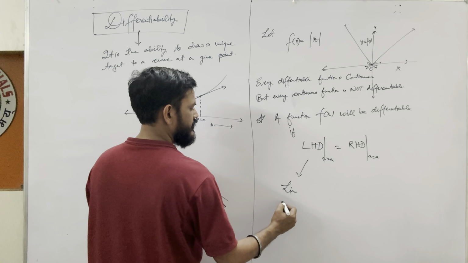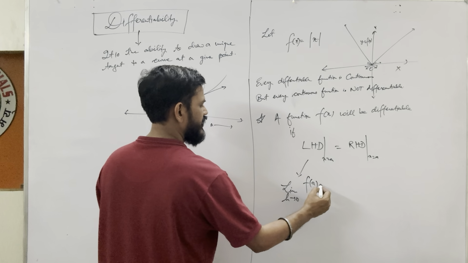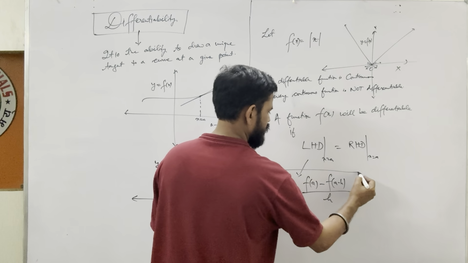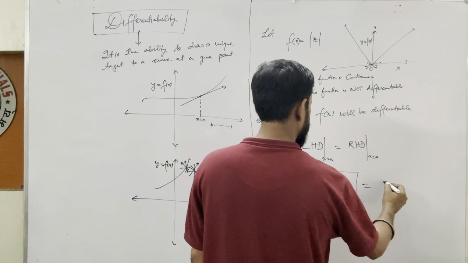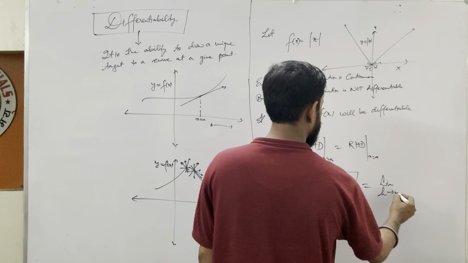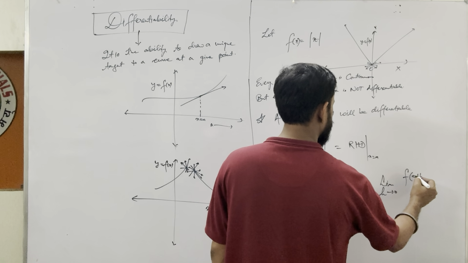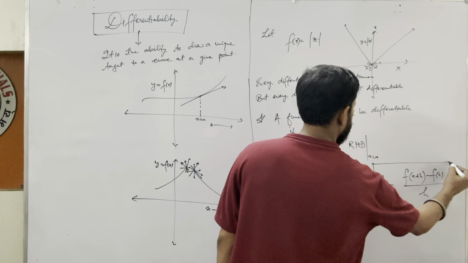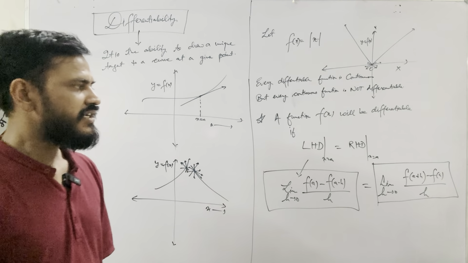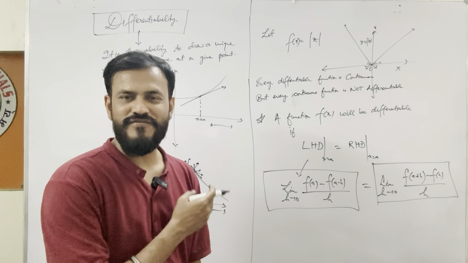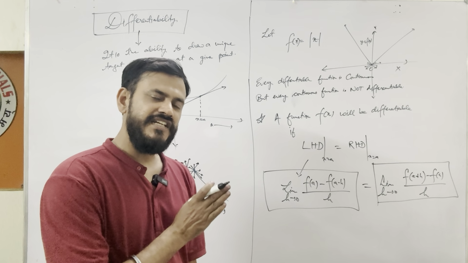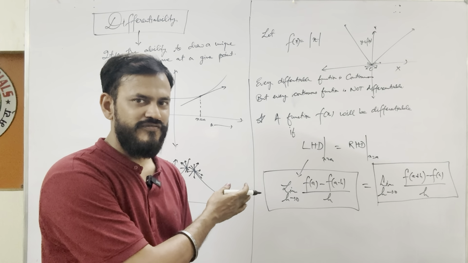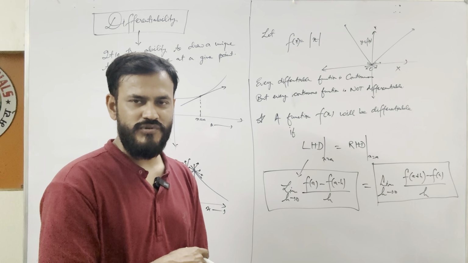It is limit h tends to 0 of [f(a) minus f(a minus h)] divided by h. What is right hand derivative? It is limit h tends to 0 of [f(a plus h) minus f(a)] divided by h. So if left hand derivative is equal to right hand derivative, the function is differentiable. If not, the function is not differentiable. So it is just about finding these limits and then solving the problem.